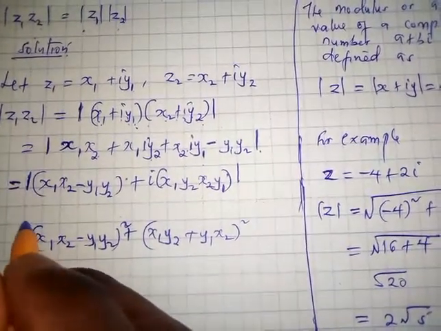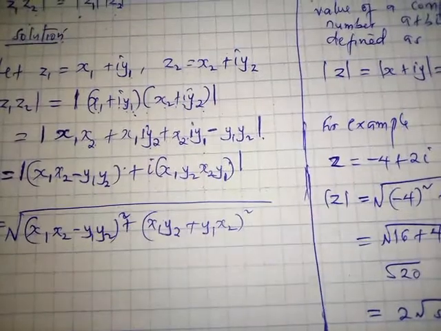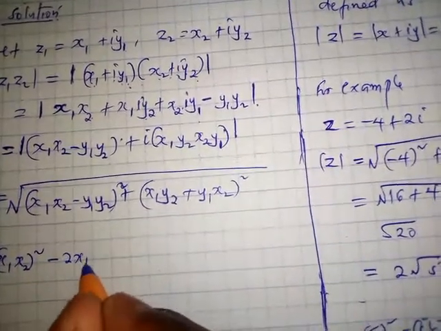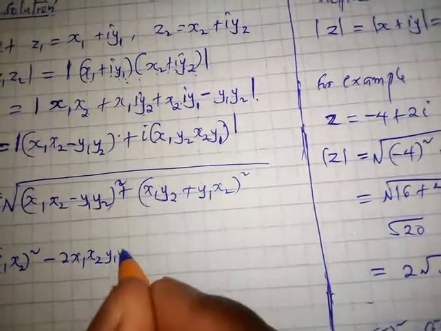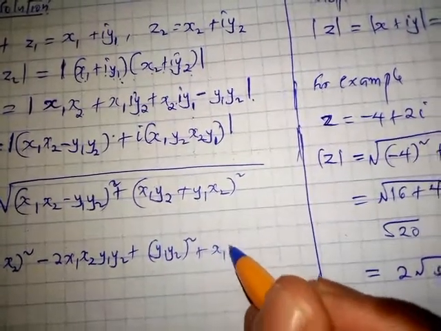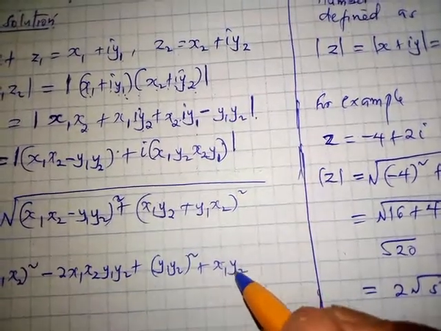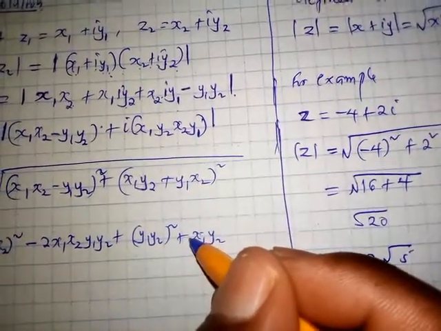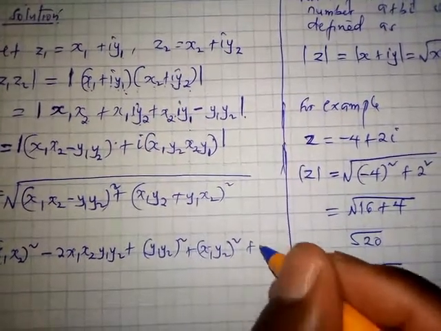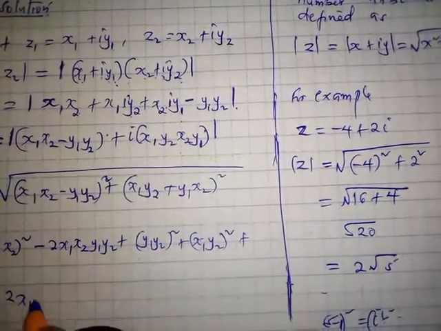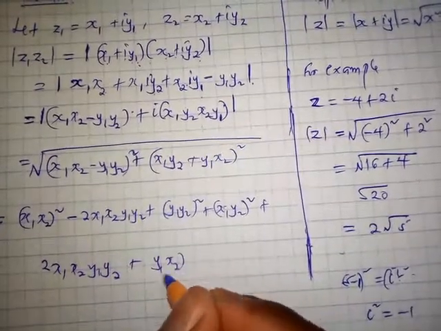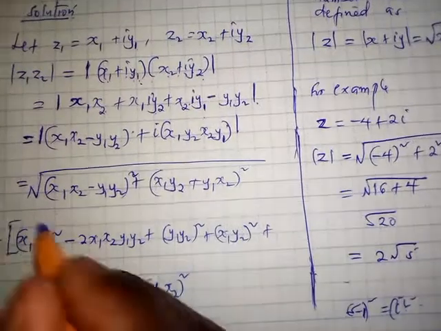Then the square root of all of this, so that we get x1 x2 squared minus 2 x1 x2 y1 y2 plus y1 y2 squared, plus x1 y2 squared plus 2 x1 x2 y1 y2 plus y1 x2 squared, the whole of this square root.